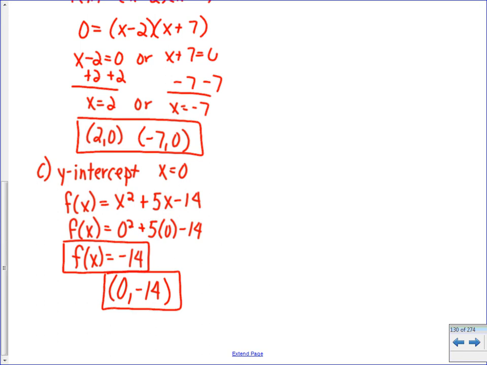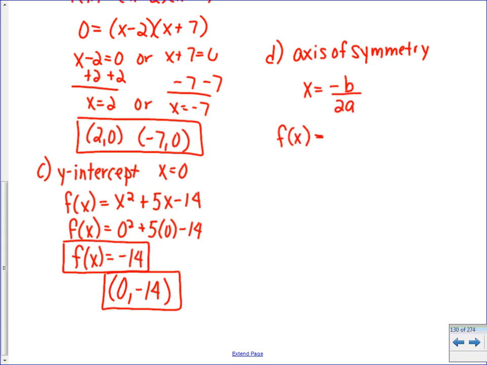The next thing that I want to do now is find my axis of symmetry. And we're going to use our equation: x is equal to negative b over 2a. My function, f(x), is equal to x squared plus 5x minus 14. a in this case is 1, b in this case is a positive 5, and c is a negative 14.